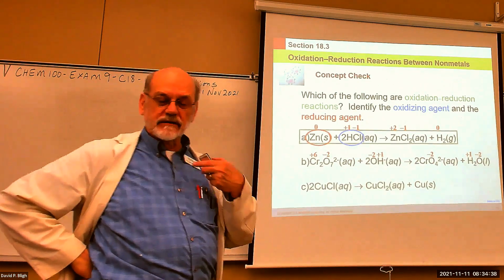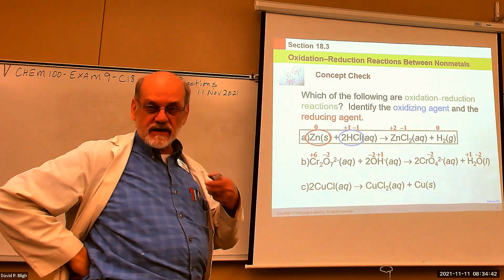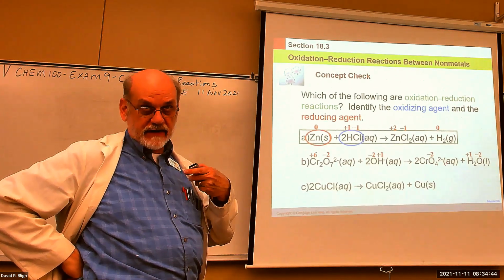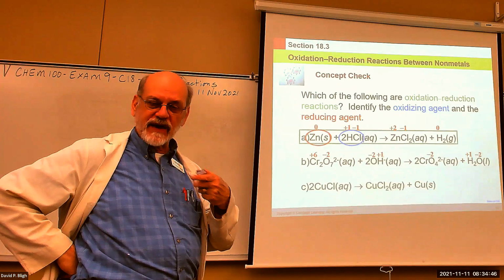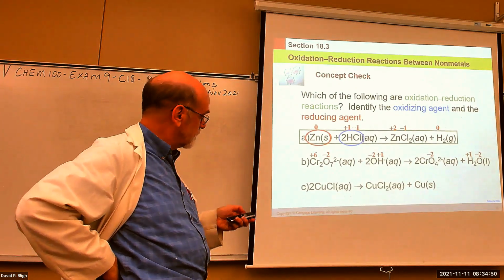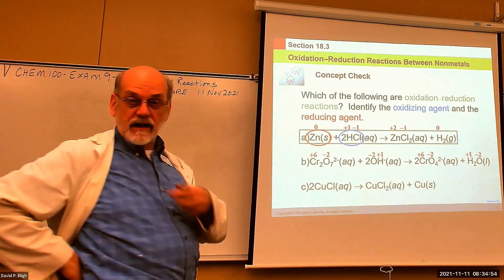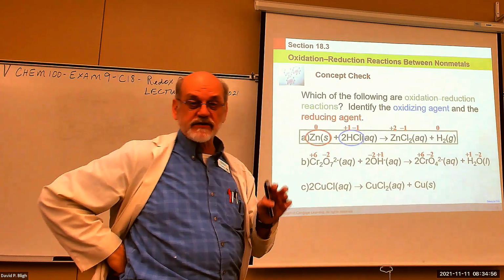We hold out 2 minuses for the charge. That means -6 has to be balanced by the chromium, only 1 chromium. So that chromium has to be +6. No oxidation reduction has occurred in this reaction.